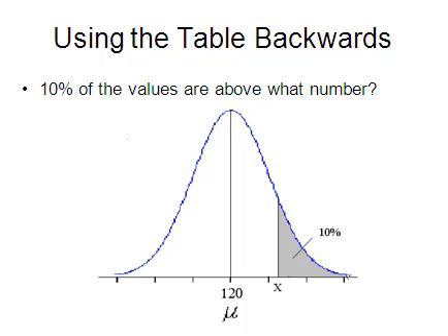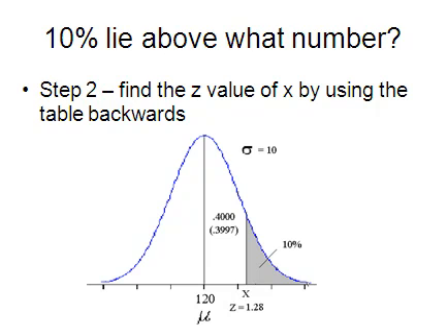The second step is to find the z-value of this x. Now I do this by using the z-table backwards. You'll notice here I put 0.10 in here, and that means that 0.4000 lies in here.